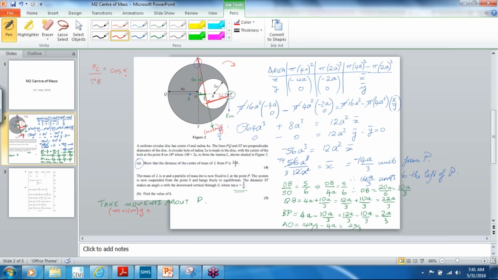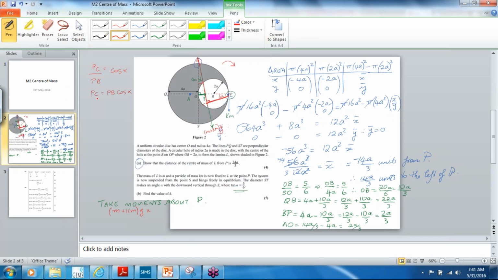Let's just not worry about that for now. We could work it out, but PB we know is 2A over 3. So PC equals PB cos alpha. Adjacent over hypotenuse.